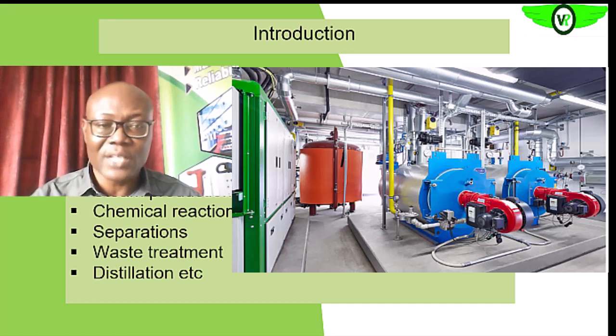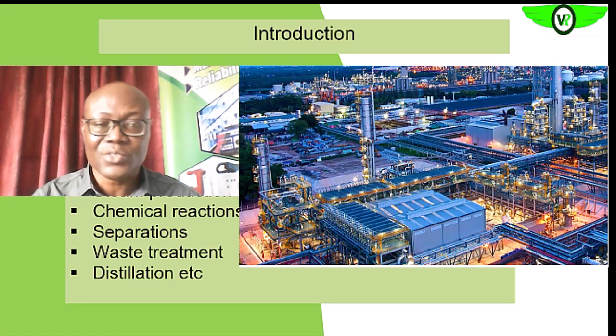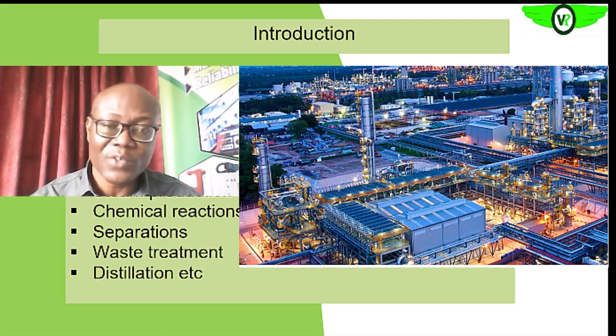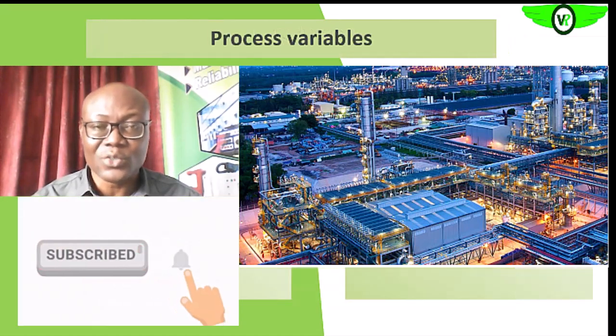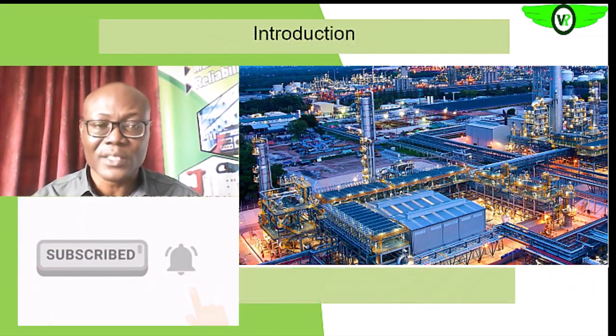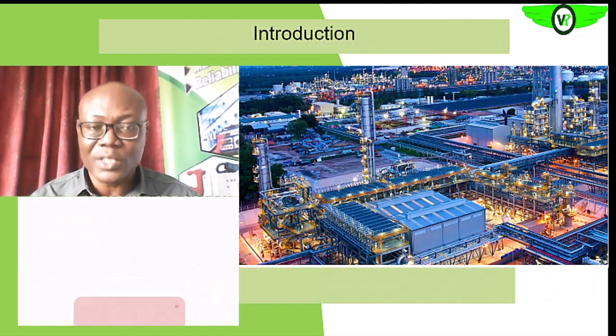Then chemical reactions, separation, waste treatment, distillation processes, as we saw in the case of the petroleum refining industries. Those are examples of continuous process control.